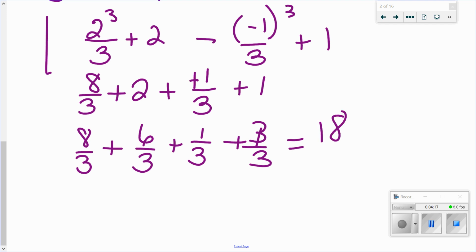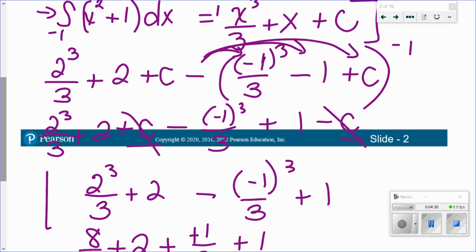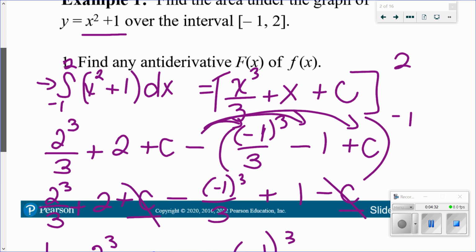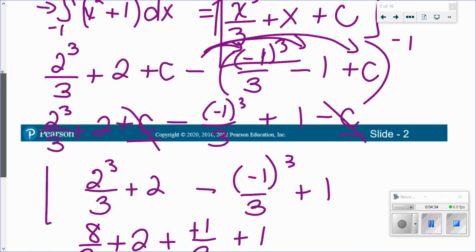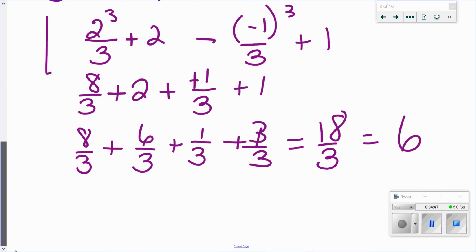So we have 18 thirds, which simplifies to 6. I personally would do this in my calculator. Go ahead and put this antiderivative into the y equals, and then put the two numbers, the 2 and -1, into your table, and just get the values and subtract them.